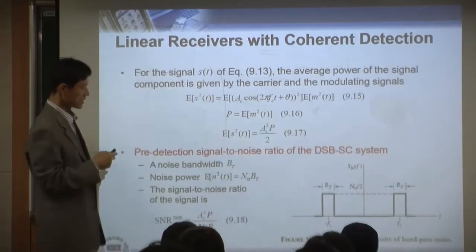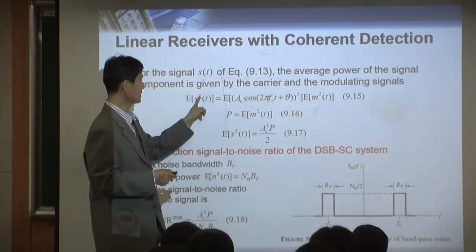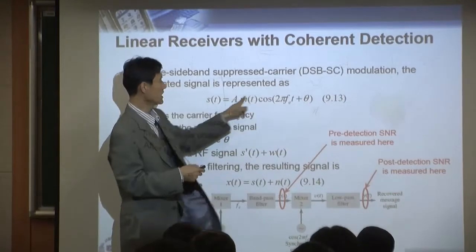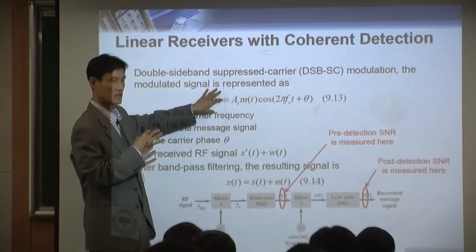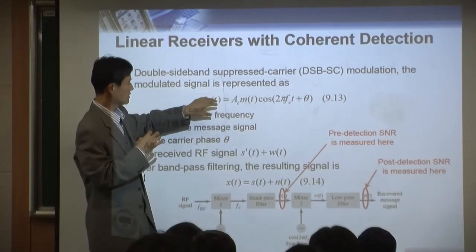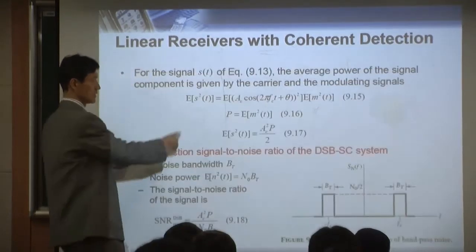So let's look at the pre-detection SNR. Now you get this s(t) and measure the signal power of this s(t). So measure the signal average power. How can you do that?